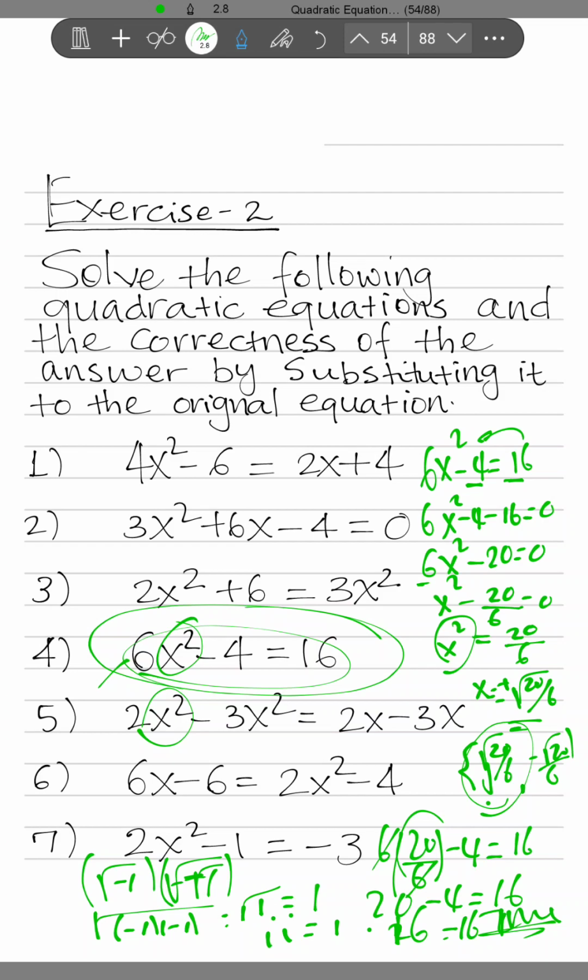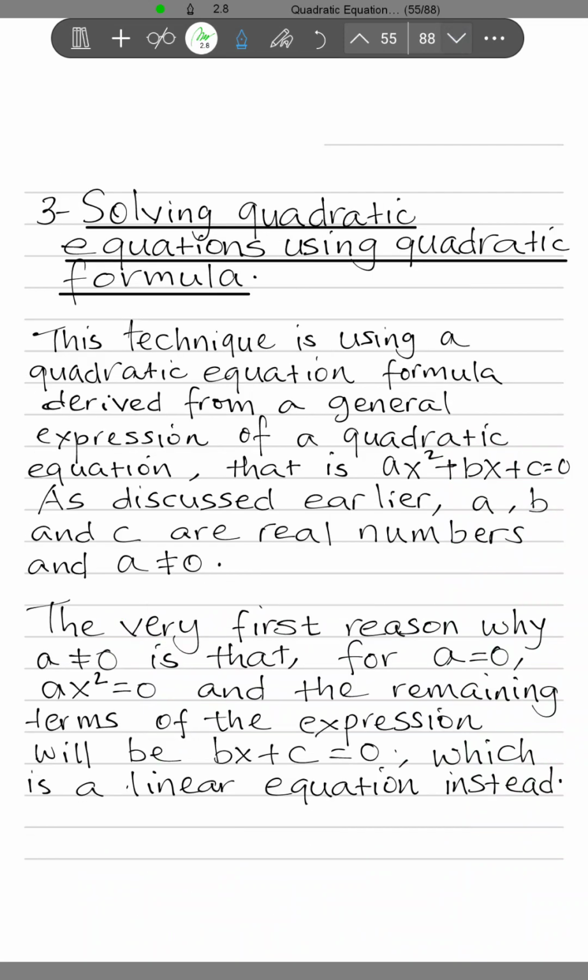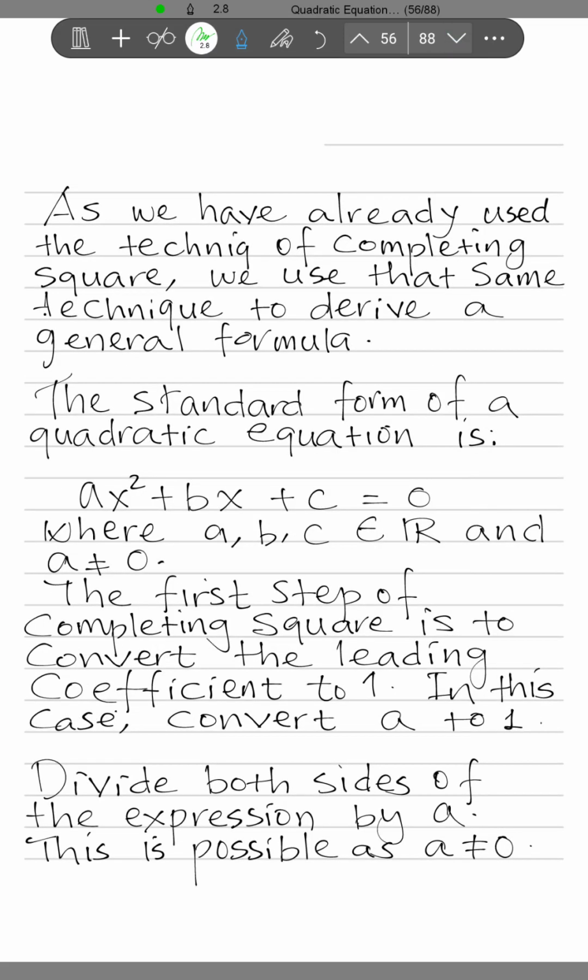So we have 55 minutes now. The next thing is solving quadratic equations using the quadratic formula. That formula is derived from the completing the square technique.